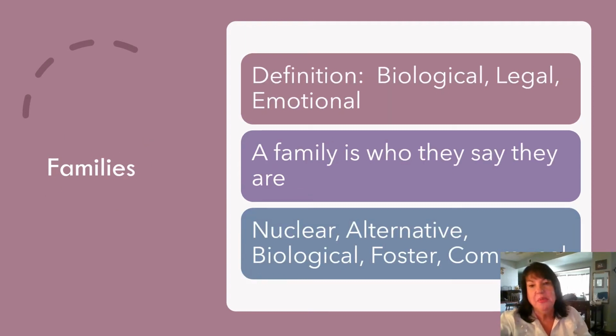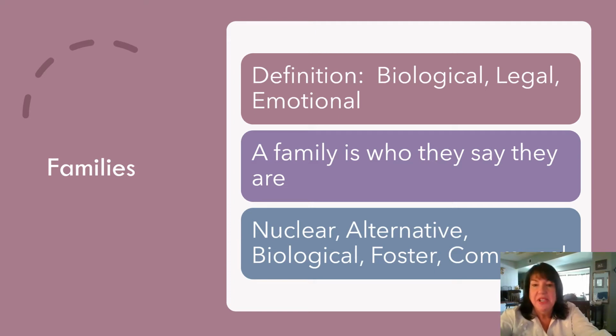I mentioned that we have a fairly broad definition of family, and family can be biological, legal, or also just emotional. So a family is who they say they are, and I think one of the ways that nursing has progressed is that we really have stopped being quite so legalistic about who is the family of a child.